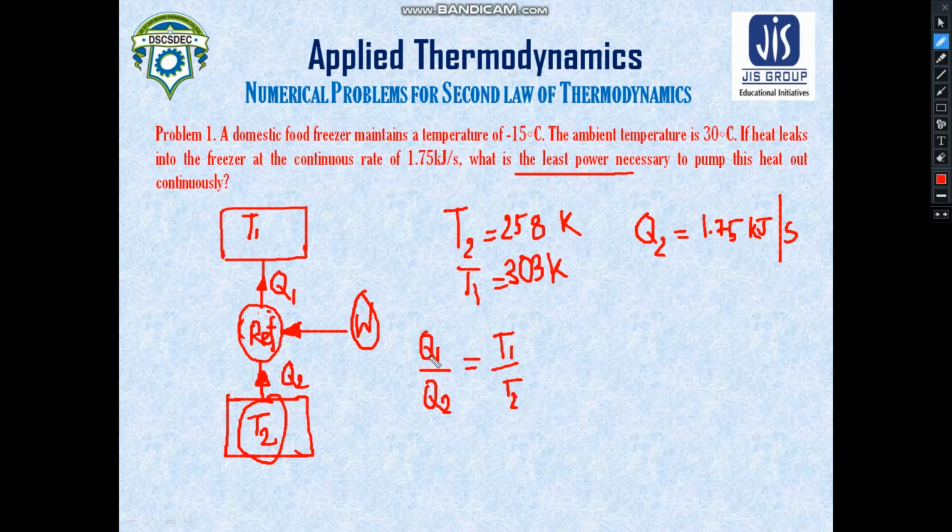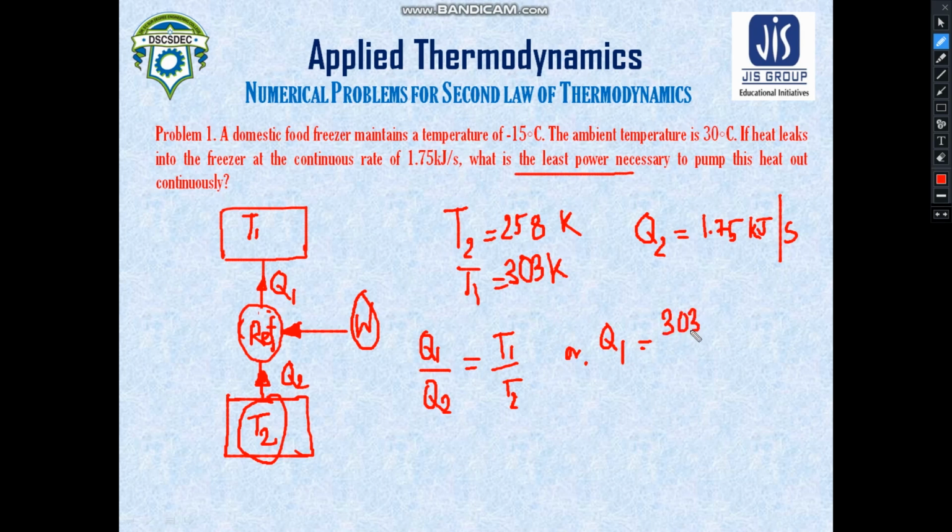This is for the minimum power requirement condition, which indicates a reversible case. You know Q2, T1 and T2, so you can simply take this Q1.